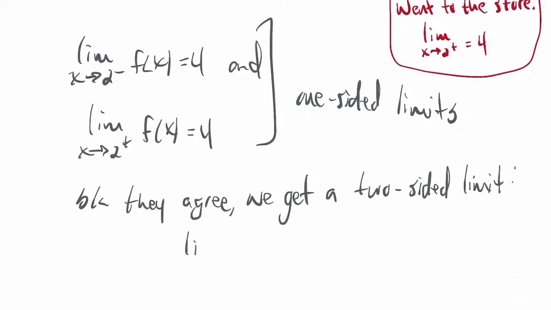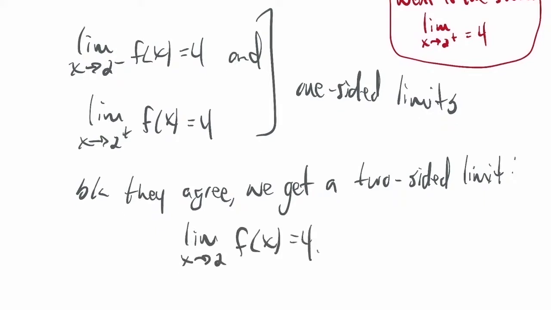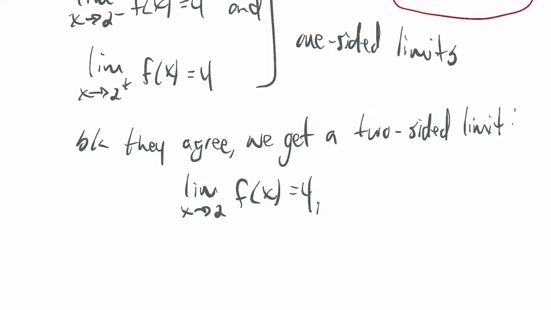So the limit as x goes to 2 of f of x equals 4. Or if we want, I don't have to write f of x. I can be more explicit and say the limit as x goes to 2 of x squared minus 4 over x minus 2 equals 4.